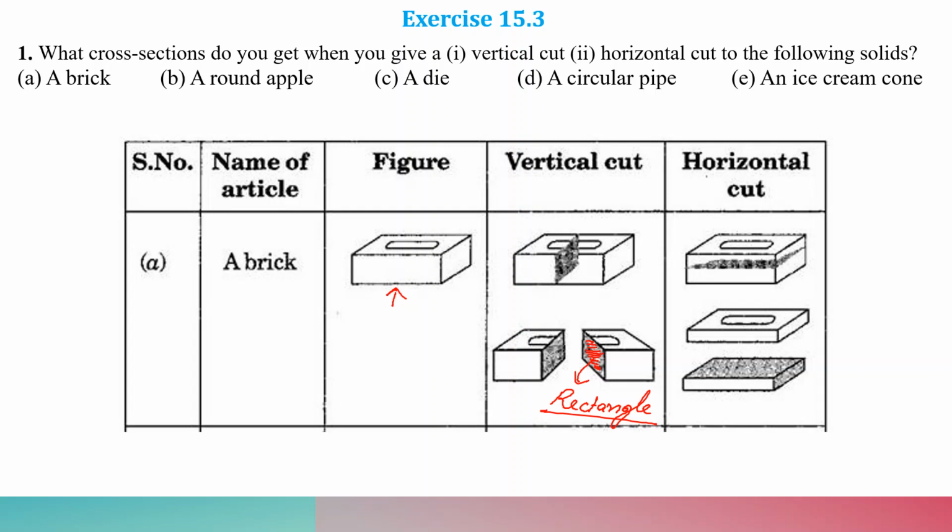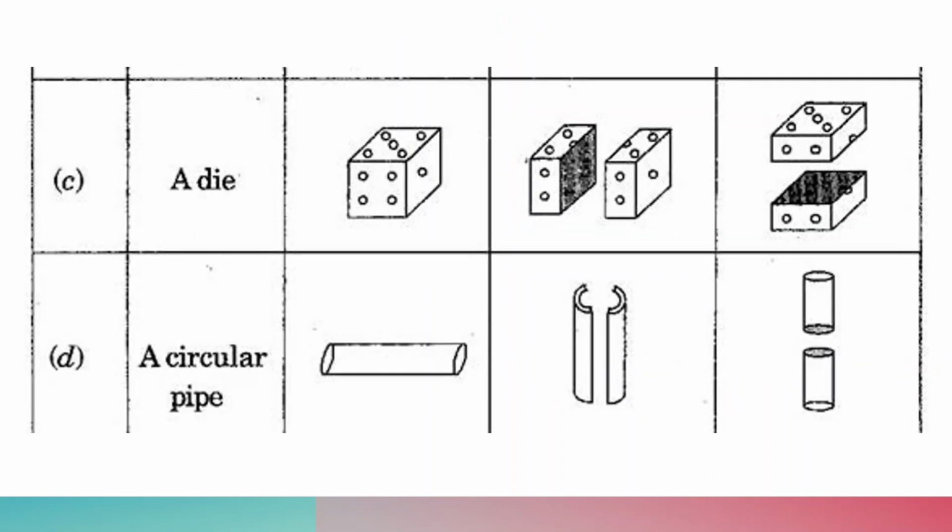Same way, when we talk about the horizontal cut, if we make it slightly from left to right, then we'll get this area as its cross section, and once again you can see that it is in the shape of a rectangle. Same way, if we take another example of a dice, if we make a horizontal cut, we will get a square.